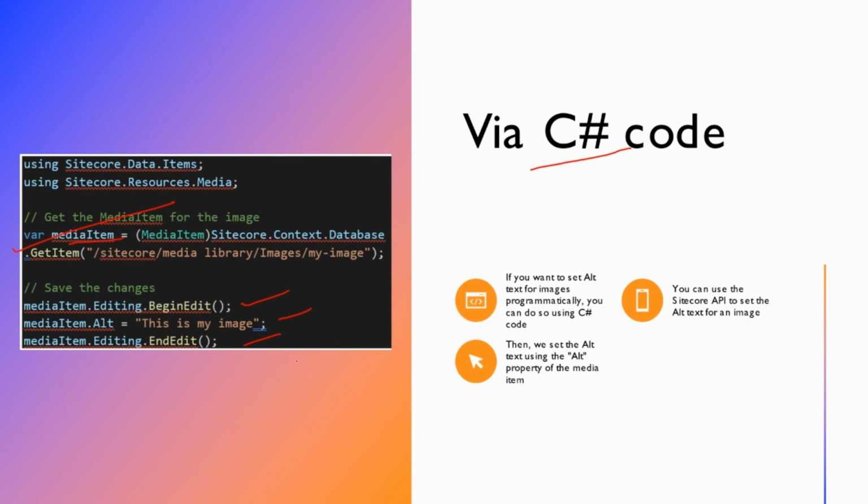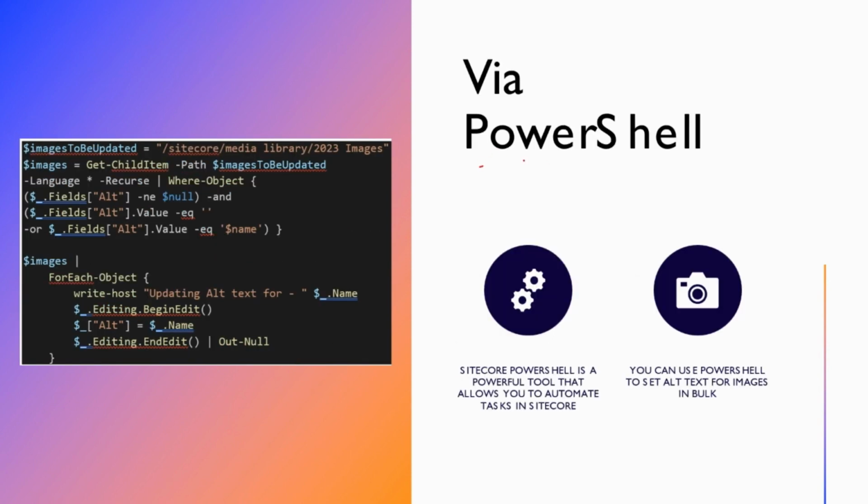Okay. Then the next way is via PowerShell. Sitecore PowerShell is a powerful tool that allows you to automate tasks in Sitecore. You can use PowerShell features to set alt text for images in bulk. For example, here is an example script that sets the alt text for the images in a folder.